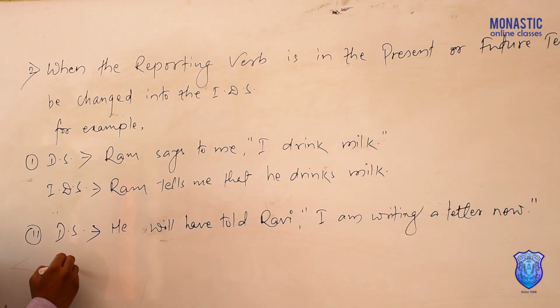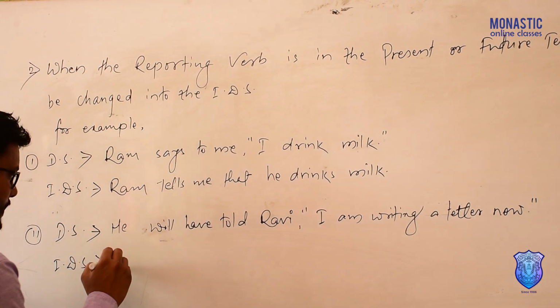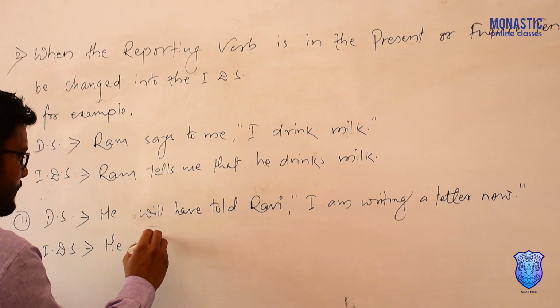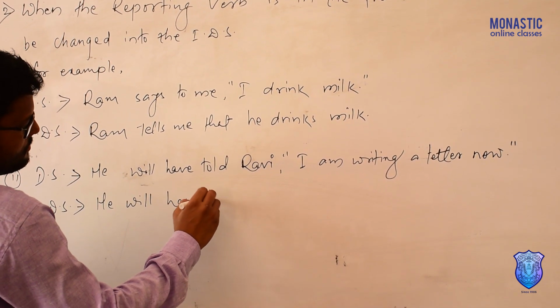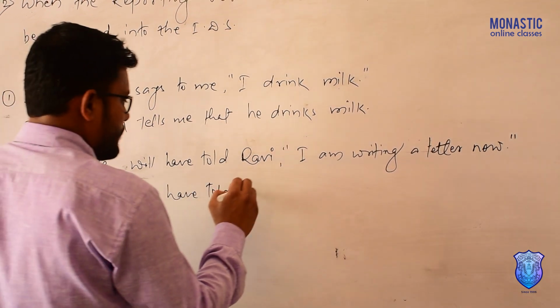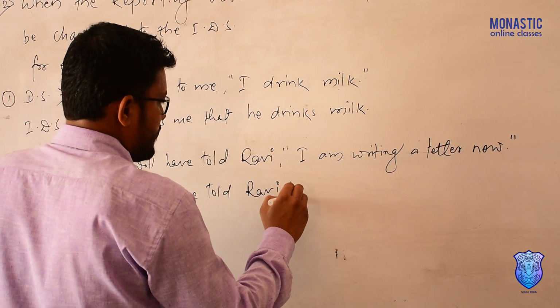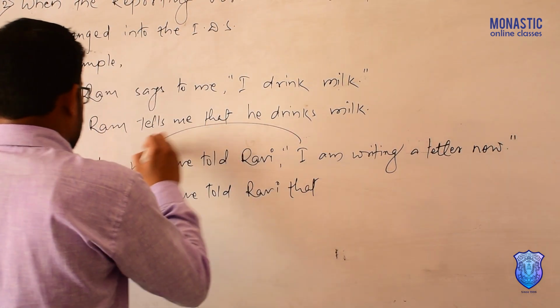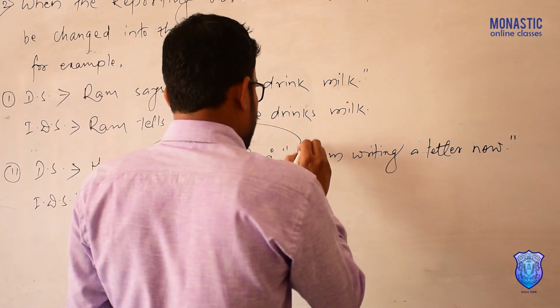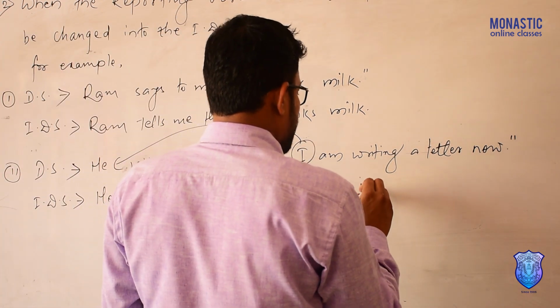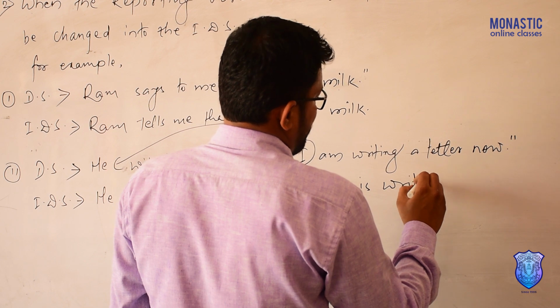Where you can get its indirect speech like, he will have told Ravi that he is writing a letter now.